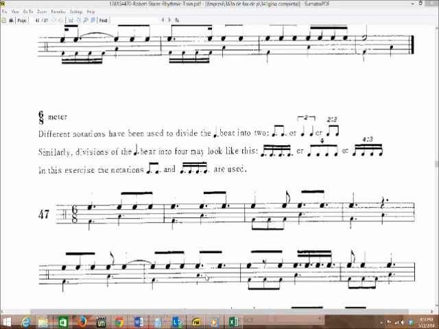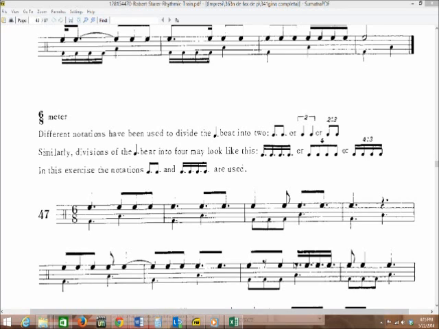It'd be G, G, G, G, G, G. And then this over here is going to divide this pulse evenly into 4.